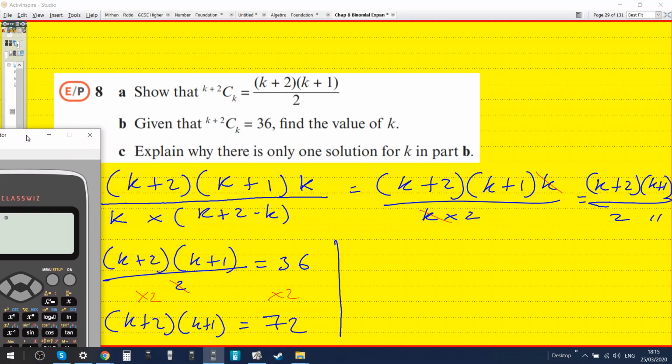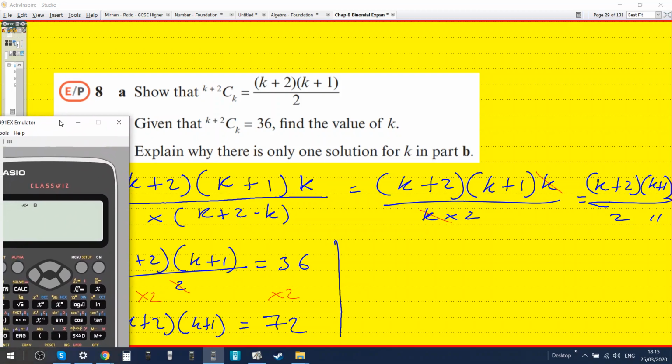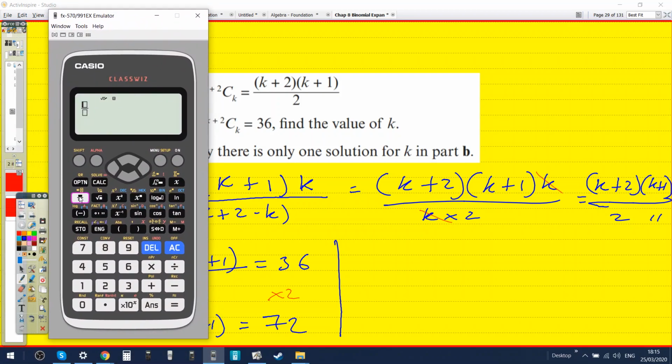So we have k squared plus 3k minus 70 equals 0. Mm-hmm. I got x equals 7 or x equals minus 10.